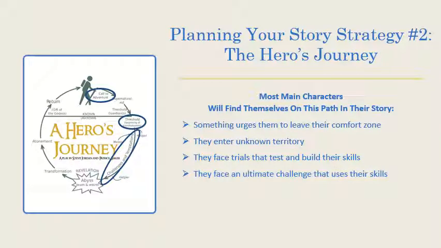Then they face an ultimate challenge that uses those skills, or that object, or that person that they met, or whatever. And that's what we call the abyss, or the reckoning. So they have to put that skill or that object or that person to use. Sometimes it's all of those things that they have to put to use in order to overcome this ultimate challenge.